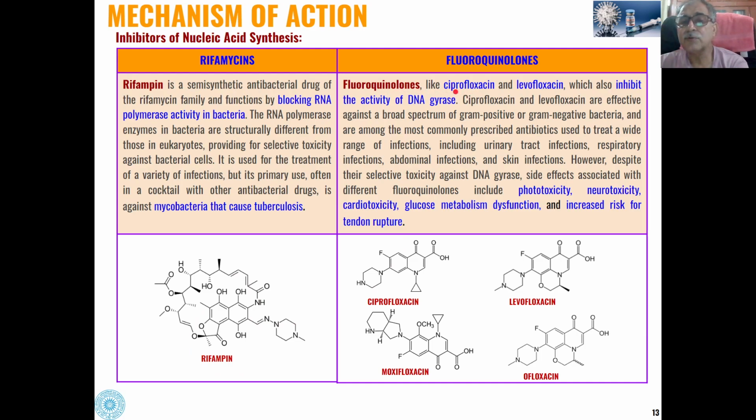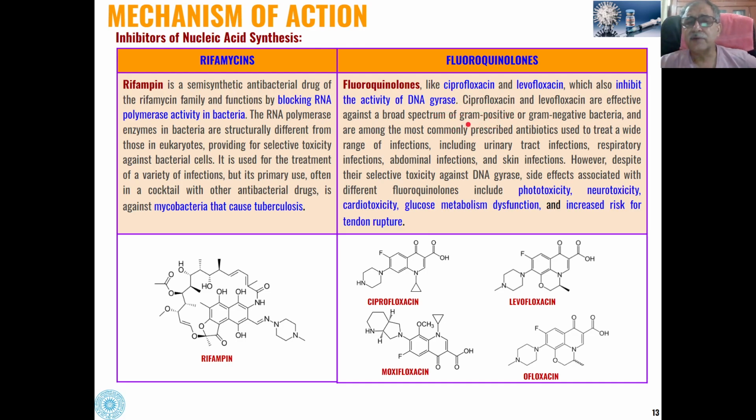Among quinolones, the most commonly used drugs are ciprofloxacin, levofloxacin, then ofloxacin and moxifloxacin. They inhibit the DNA gyrase activity, and thereby inhibit the replication of DNA and kill the bacterial cell.